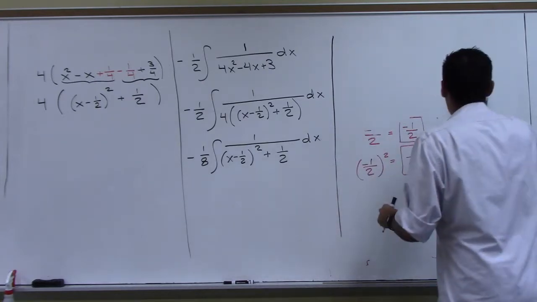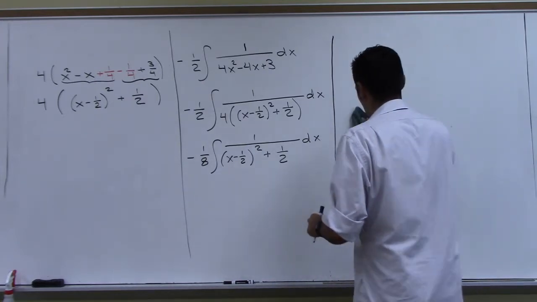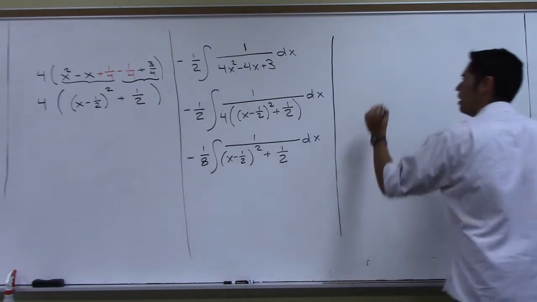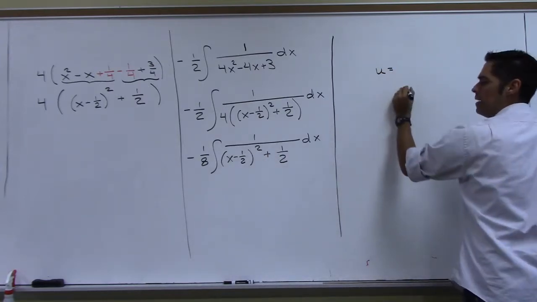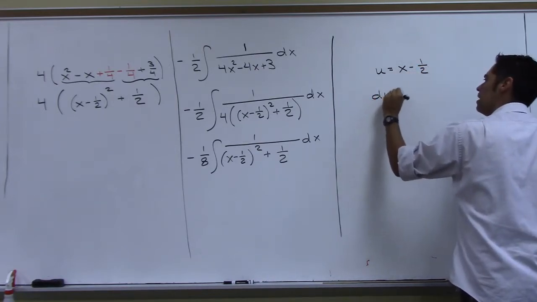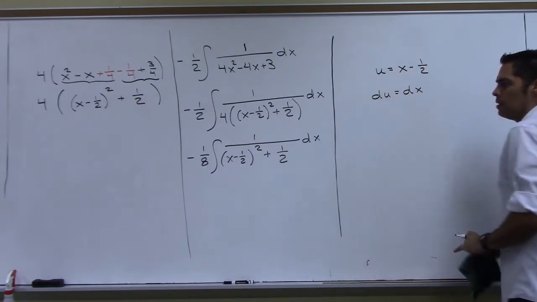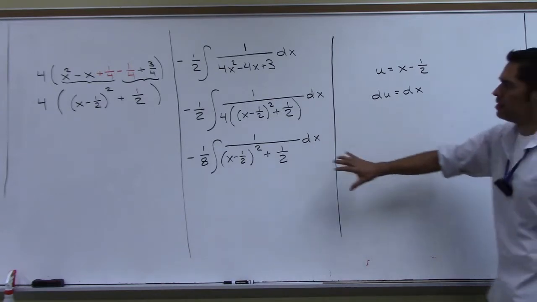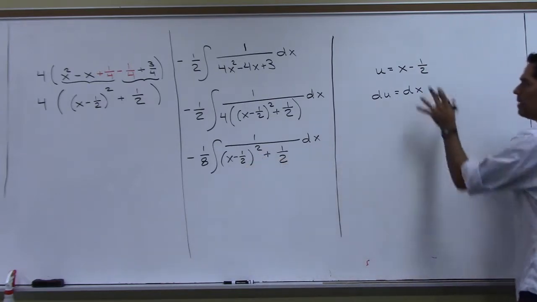So I will make a basic substitution here to finish this problem out. U is going to be x minus a half. Du then is dx. So how would this integral be rewritten if I make this substitution?